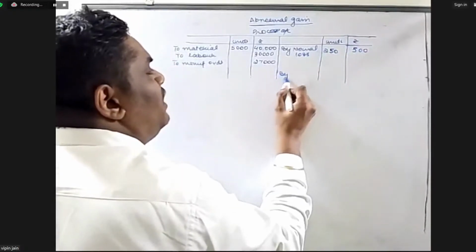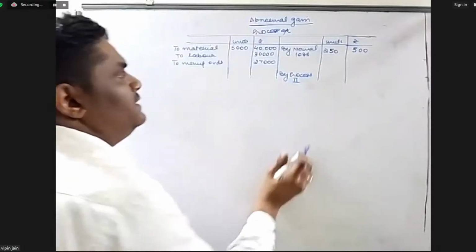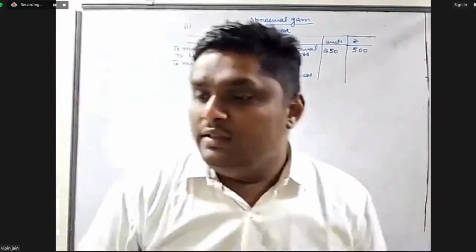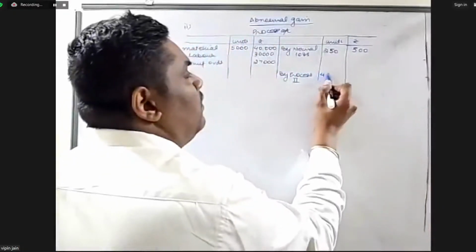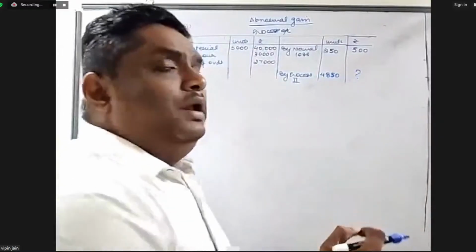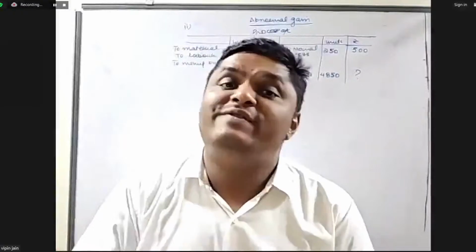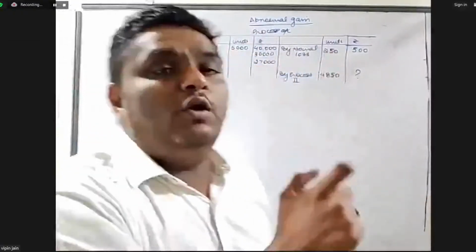When talking about my final output that is to be transferred to process second, see in this situation, it is given in the question that also answer if the output is 4850. Now we have to calculate the value. Now see guys, in this question, we were predicting an output of 4750 units. That is 5,000 minus 250 normal loss.